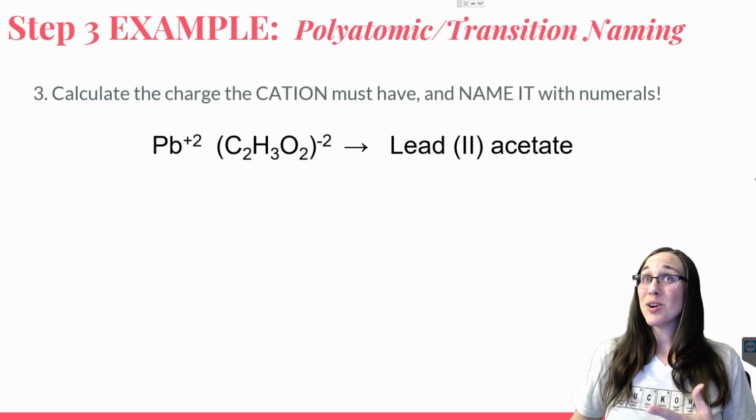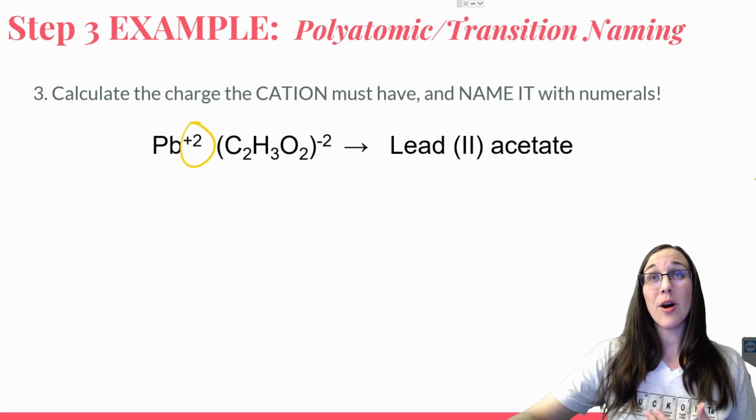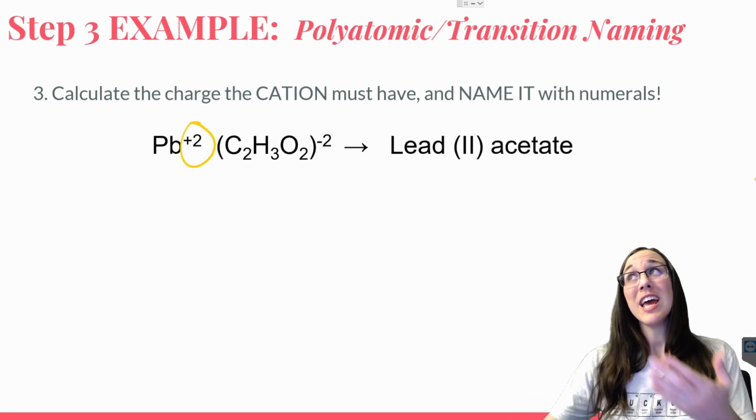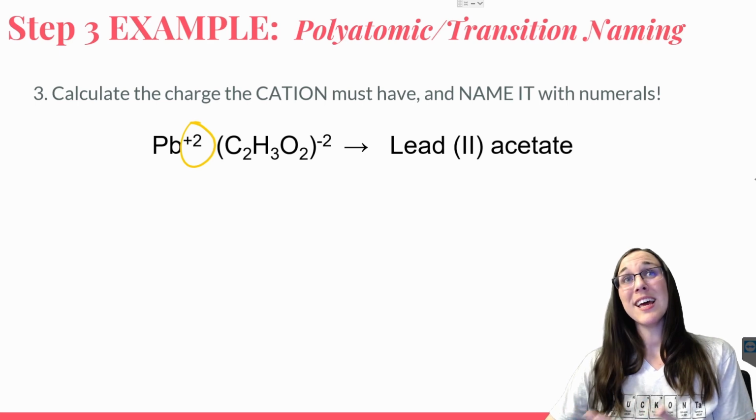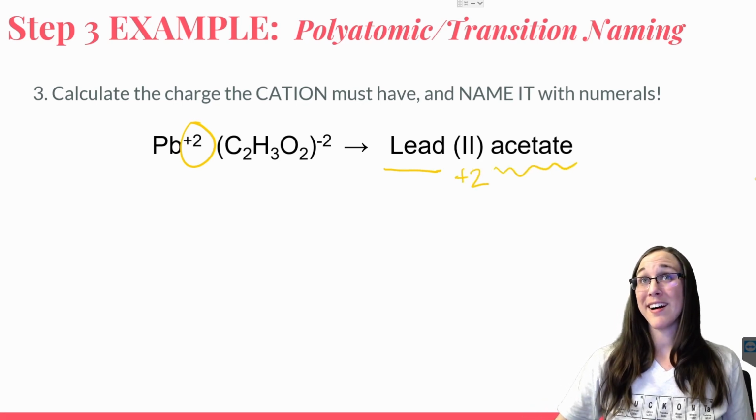Now that we've determined the charge that should be on the cation, our lead, so we know that it has to be +2 charge, now we can name it with the numerals. Now we would write out the word lead for Pb, Roman numerals 2 for the +2 charge, and acetate from our polyatomic ions list.